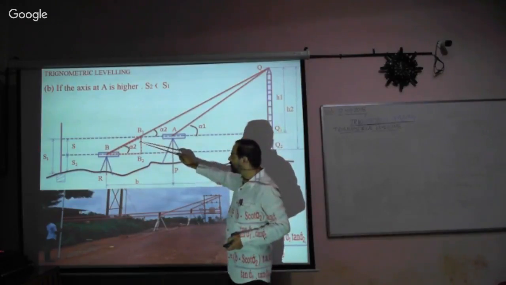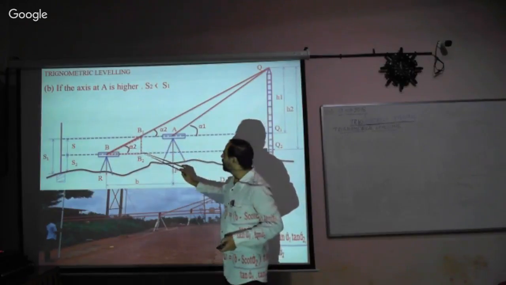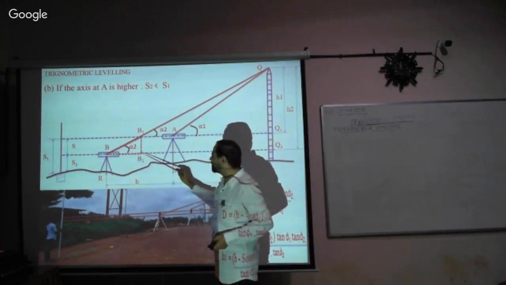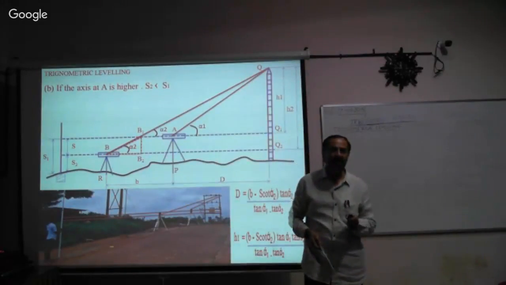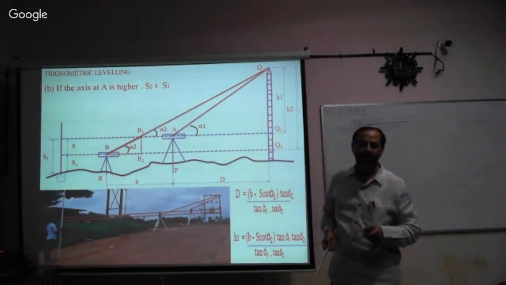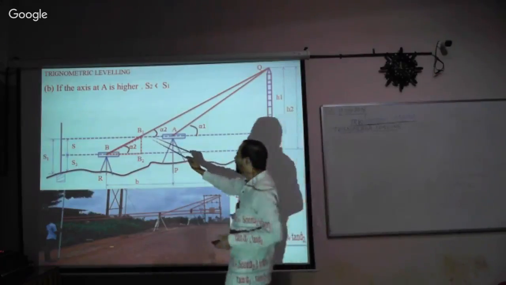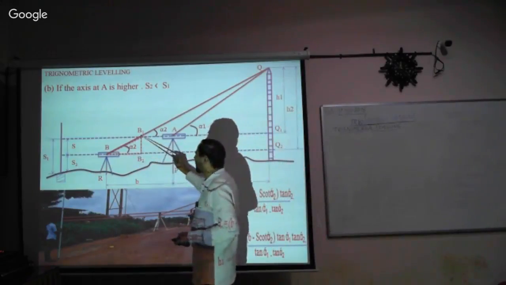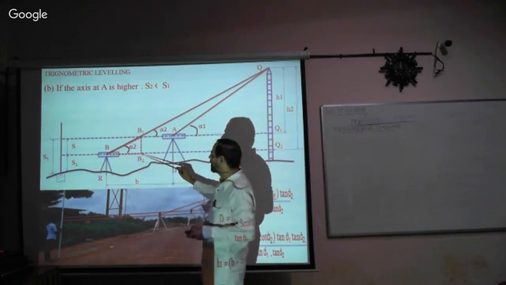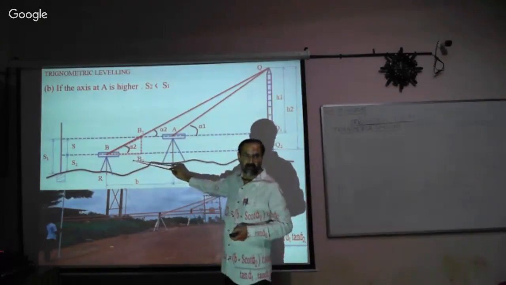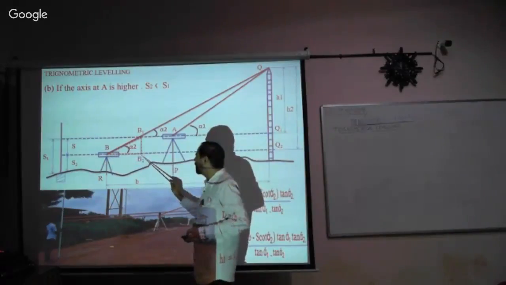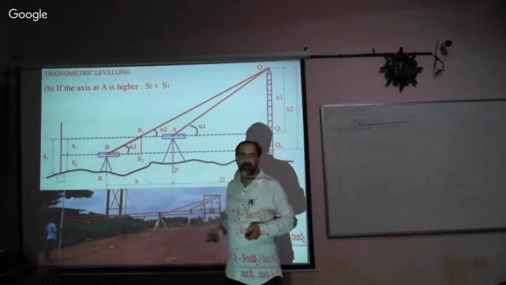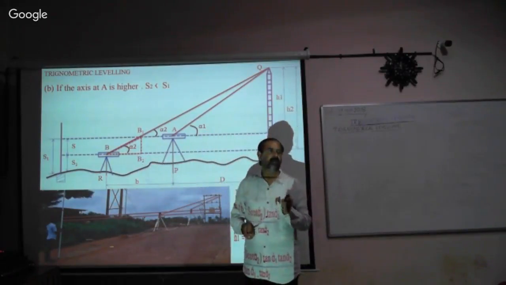S is known, alpha 2 is known, so we can calculate the distance. Now this distance becomes S cot alpha 2. Solve this triangle, that is tan theta is equal to, you will get the value. Now this distance B2 is equal to S cot alpha 2, isn't it?